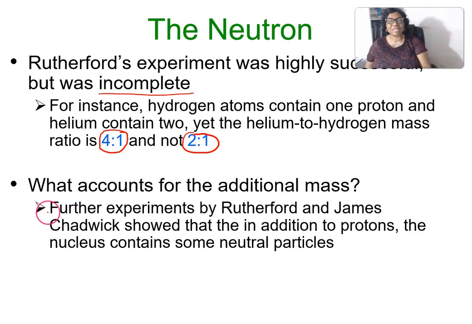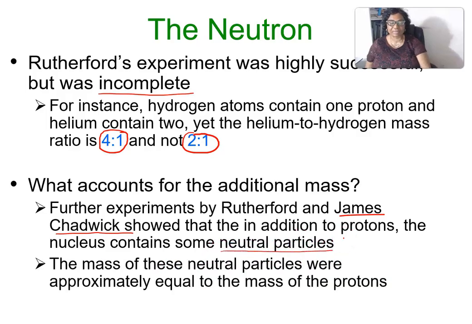So with that, a further experiment was conducted by James Chadwick. And it showed that there is an additional particle in the nucleus that is neutral. But the mass of this neutral particle is approximately equal to the mass of the protons.